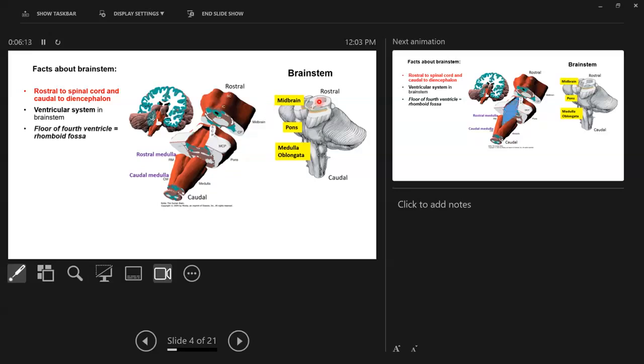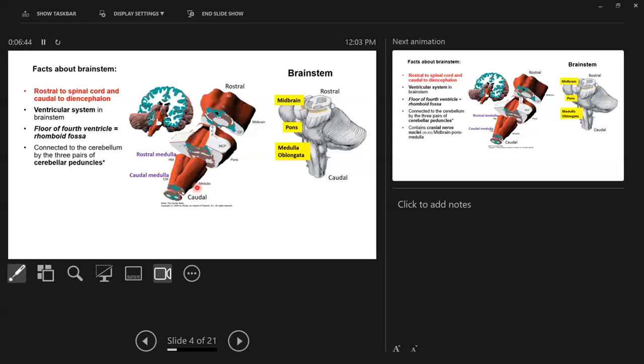Now the floor of the fourth ventricle here is called rhomboid fossa. That just came in as an annotation in blue to signify the floor of the fourth ventricle, the rhomboid fossa.